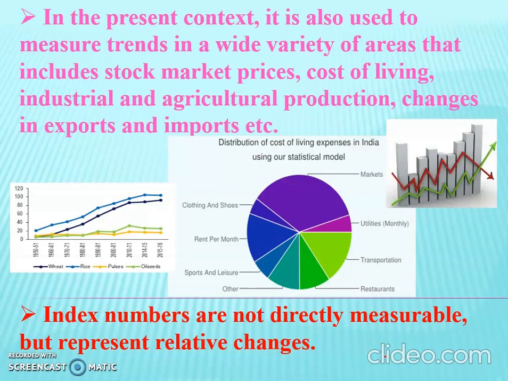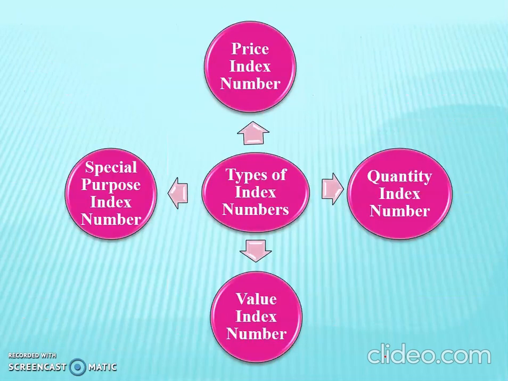Students, this tool is very easy to understand and easy to calculate, and by it we get the exact scenario regarding the changes taking place in such economic variables. Students, as I told you, index number has several types that we are continuing in this particular video.